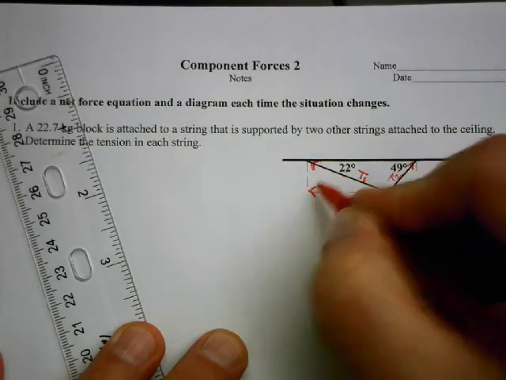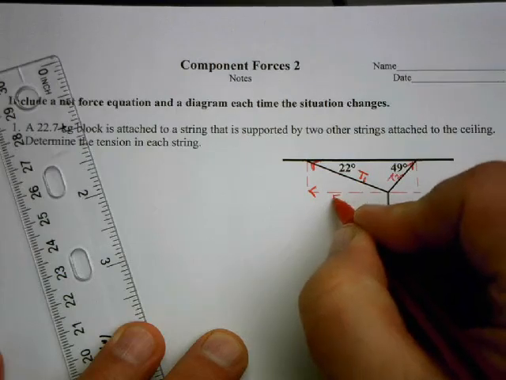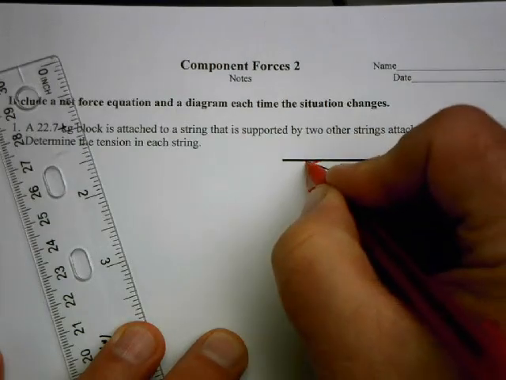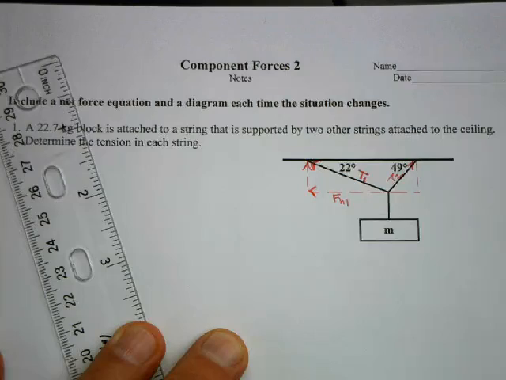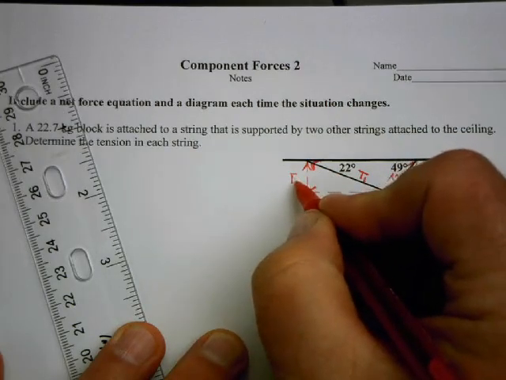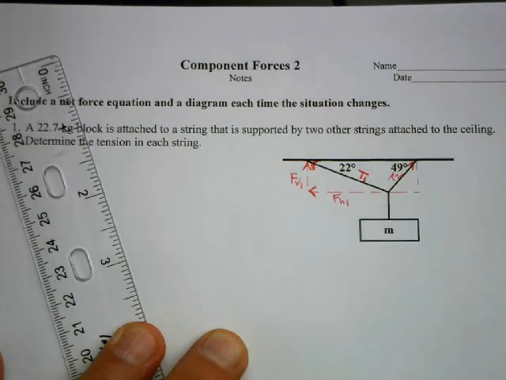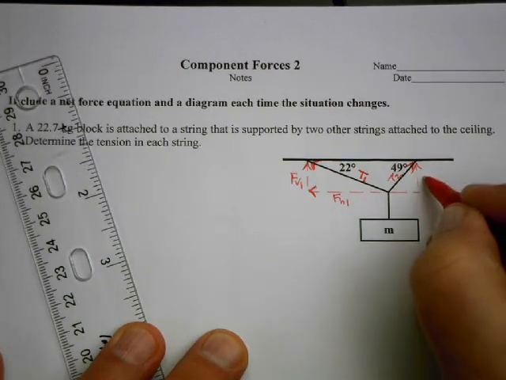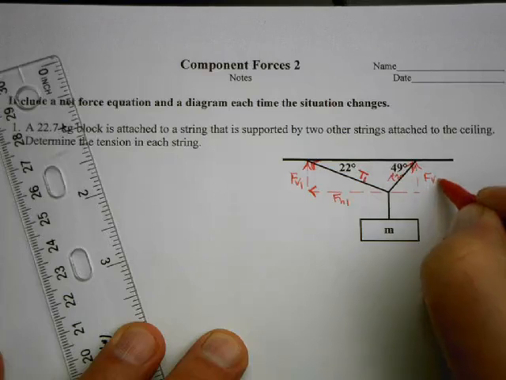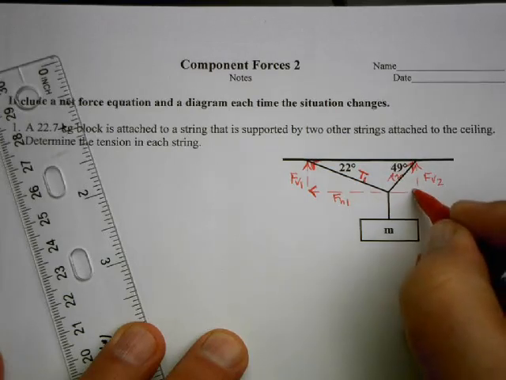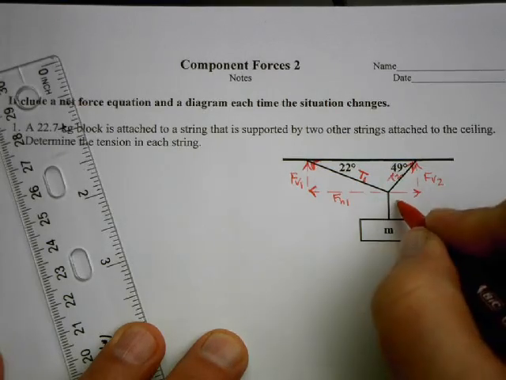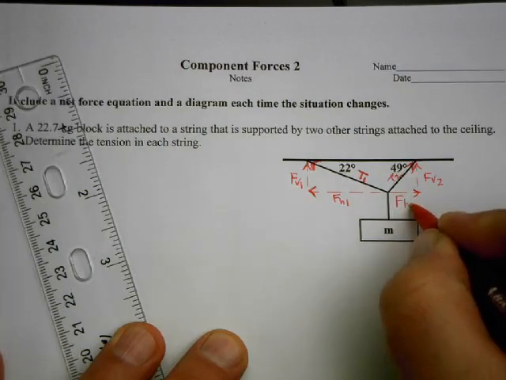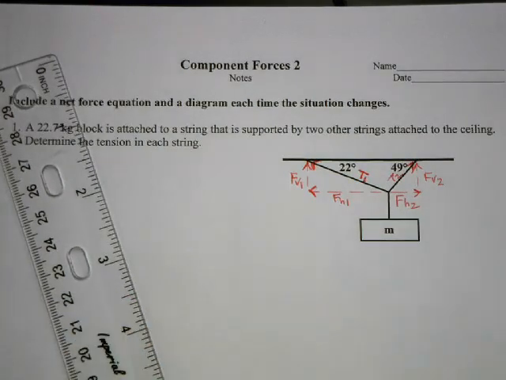And in components, I'm going to call this FH1, which is pulling to the left. Here's FV1, pulling up. Over here, we'll have FV2, pulling up, and then here we have FH2, pulling to the right.